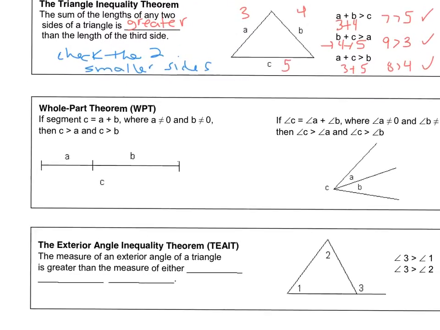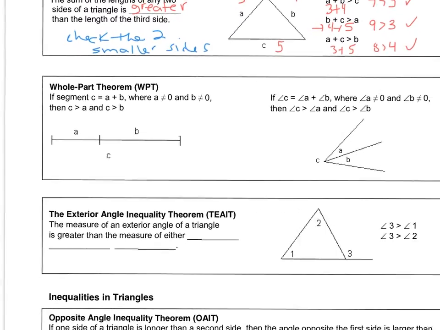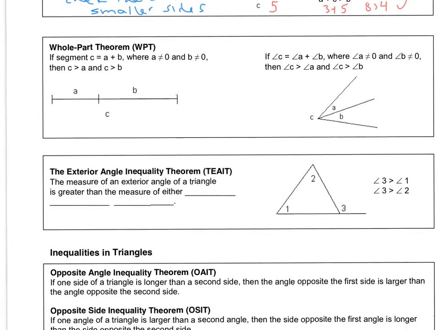Next, we have our whole part theorem, which I don't really think we need to spend a lot of time on because it's pretty much common sense. But again, in math, we need things formally in writing. We need official theorems so that if we ever have to prove something, we have a reason for it.